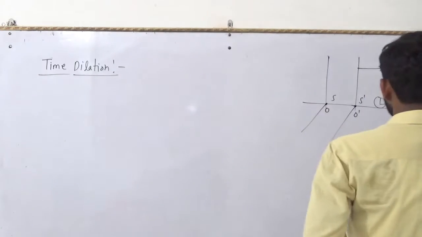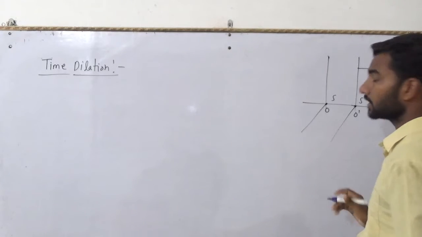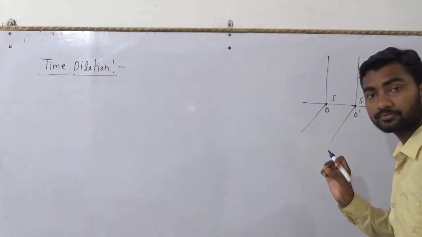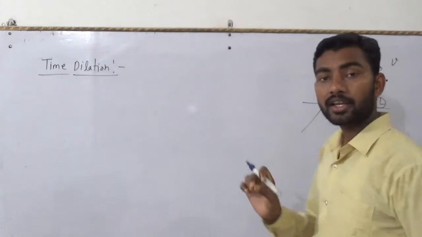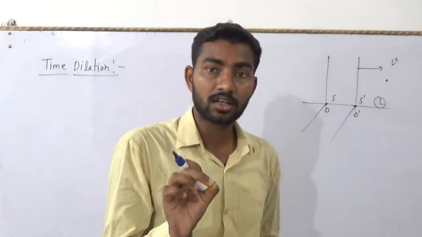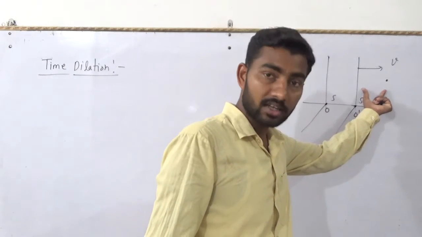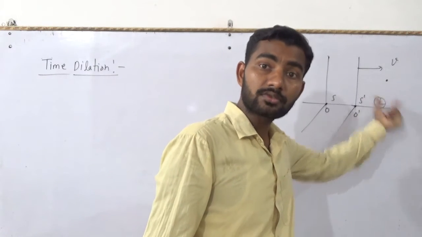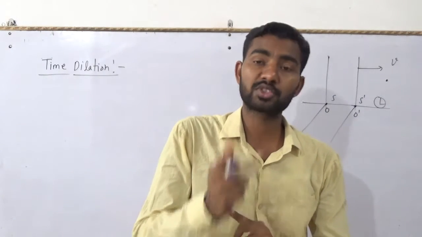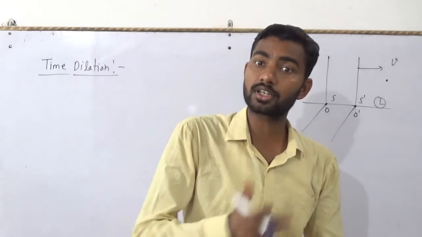Now we will consider an event in this frame of reference S dash. Any event is occurring at position x dash in frame of reference S dash, and another event occurs at a different time.